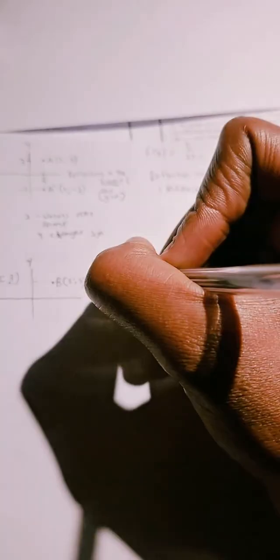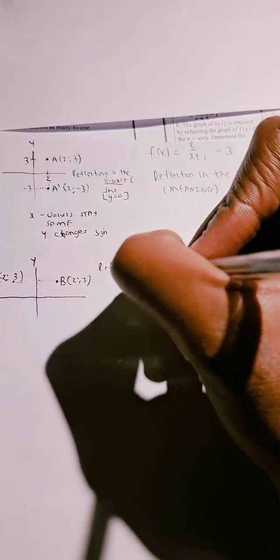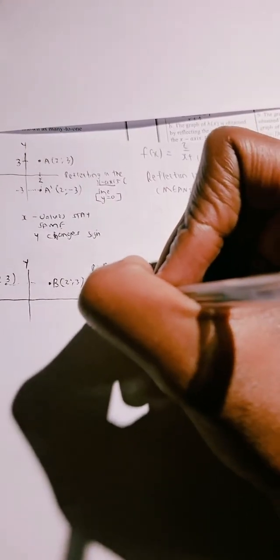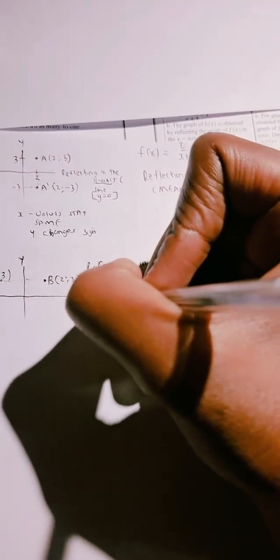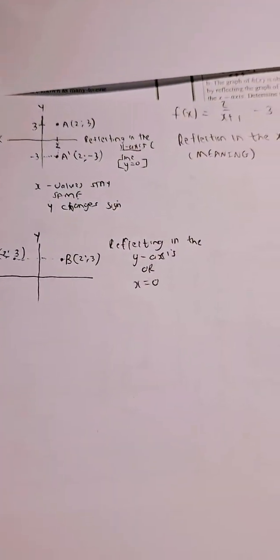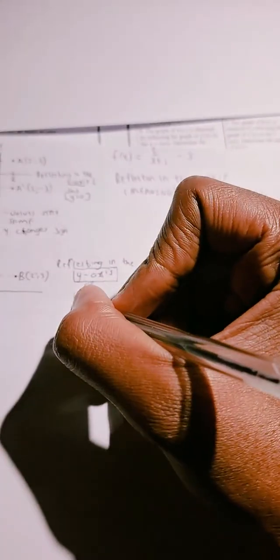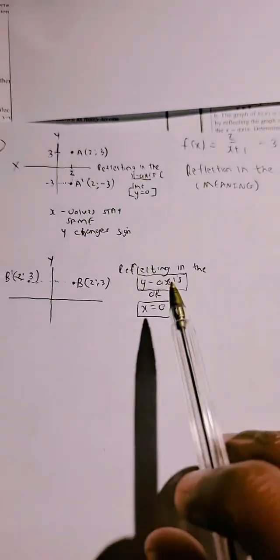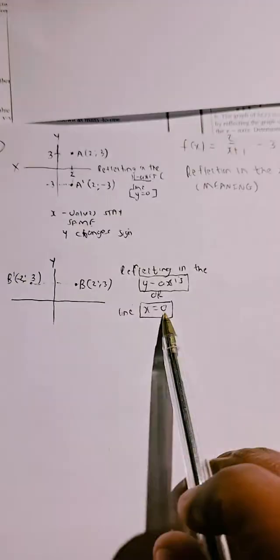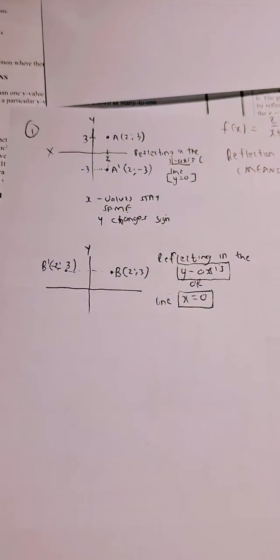I need you to understand the language: reflecting in the y-axis, or we can say reflection along the line x is equal to 0, because the y-axis has an equation, x is equal to 0. If they say reflection in the y-axis, most of you will know what that means, but some of you tend to not know when they say reflection in the line x is equal to 0. Guys, the line x is equal to 0 is the y-axis.